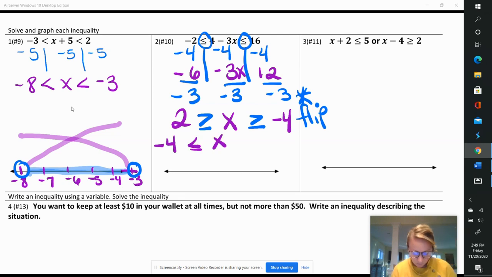So we would read this inequality: x is greater than or equal to -4 and less than or equal to 2. I'm going to increase by 2 so that I can fit my numbers all on my number line.